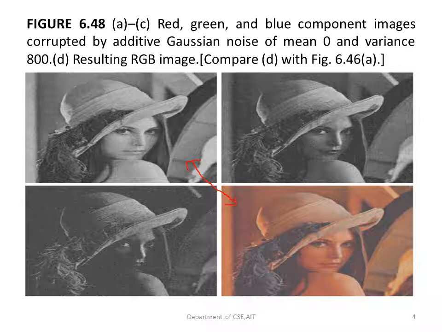Figure B is a green plane corrupted by Gaussian noise, and figure C is a blue plane corrupted by Gaussian noise. And the last figure, figure D, is the composite RGB image where we combine the red plane, the green plane as well as the blue plane.